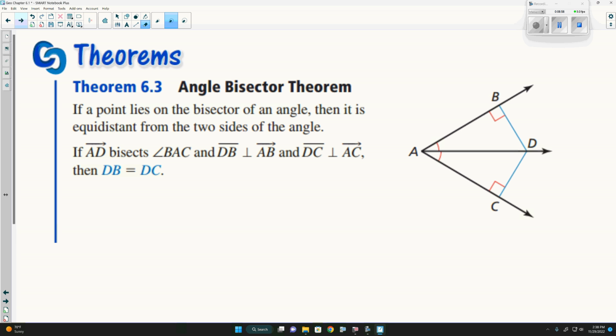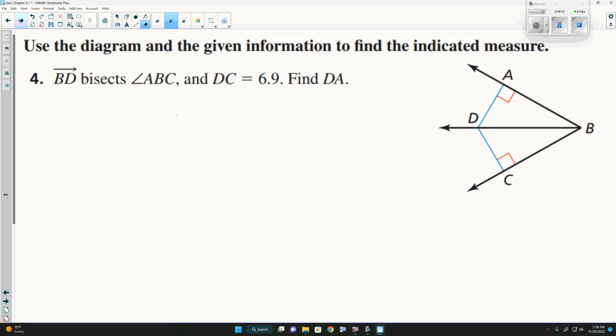So, since point D lies on the angle bisector, it means that BD and CD are going to be congruent. BD is the angle bisector of angle ABC, so these two lengths are going to be the same. DC is 6.9, so DA is too.